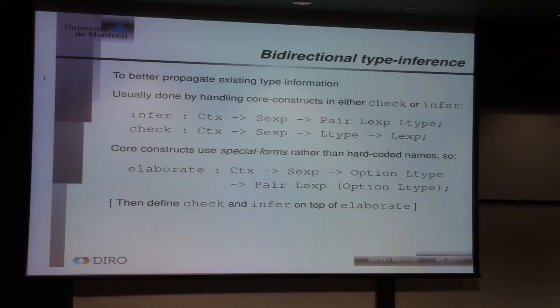And then, on top of that, I define a check function and an infer function, because in practice, when I want to call the elaboration function recursively, I usually know whether I want to check the type because I already know the type, or on the other hand, whether I want to just infer the type because I really have no idea what the type is going to be.